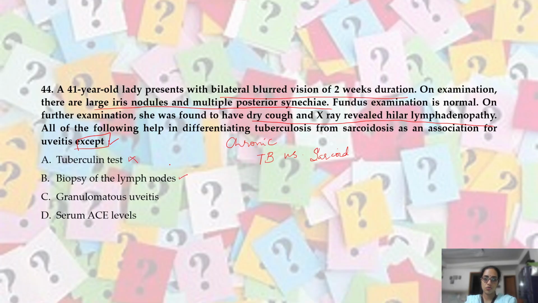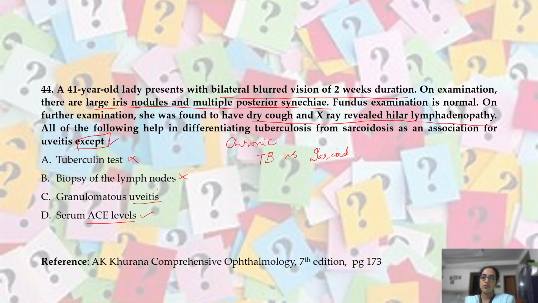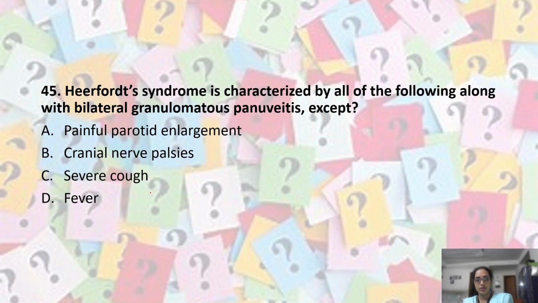So again, these two both are wrong answers. Granulomatous uveitis does not help because TB and sarcoid both cause granulomatous uveitis. Serum ACE level, certainly it is elevated in sarcoid, whereas it is not elevated in TB. The right answer here is C, because granulomatous uveitis presents in both TB and sarcoidosis.